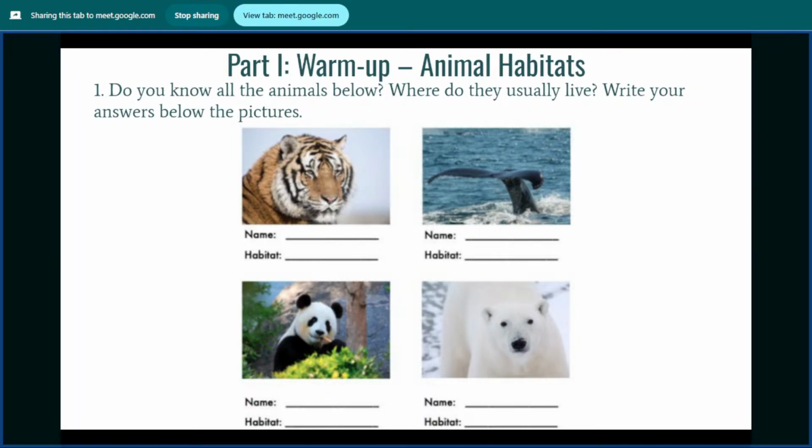Tell me once you're done. If you don't know the meaning of the word habitat, try to find out the meaning of that as well.